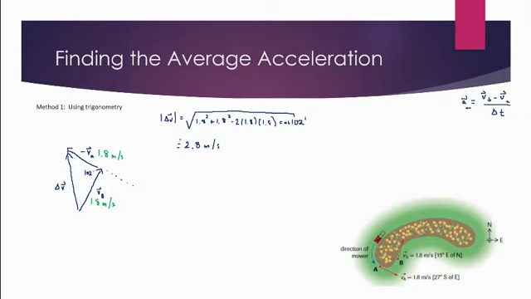Now, what about the angle? Something I didn't mention is that it's not terribly obvious whether the change in velocity, because I didn't draw a scale diagram, I drew it so that delta V appears to be going kind of north and west, but it is not a scale diagram. So my vector delta V could be pointing straight up, or it could be pointing kind of east of north.